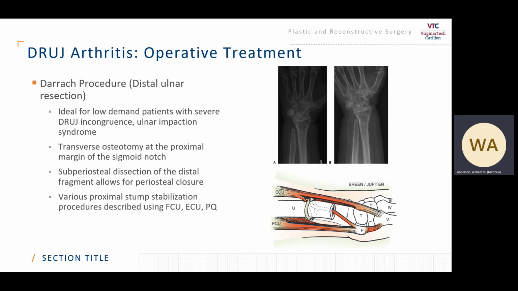Following this, a subperiosteal dissection is done to free the distal fragment, which then subsequently allows for closure of the periosteum. There are various procedures that have been described for stabilization of the proximal ulnar stump, including using FCU, ECU, and PQ.